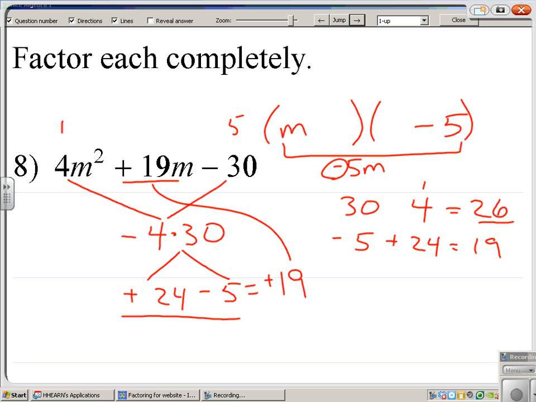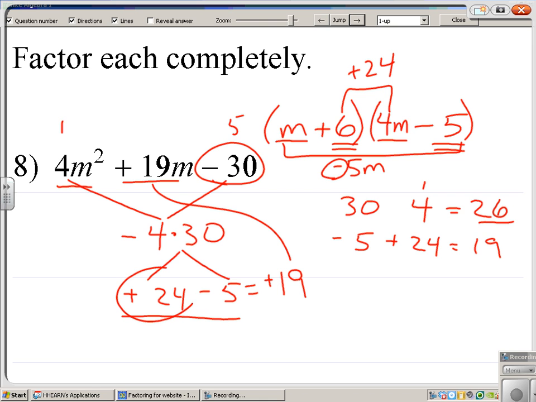Home free. First times first equals 4m squared. I need a 4m. Last times last equals negative 30. I need a plus 6. And it's really tempting to move on, but I'm in the habit of checking. There is my plus 24, my other missing, or my other magic number.